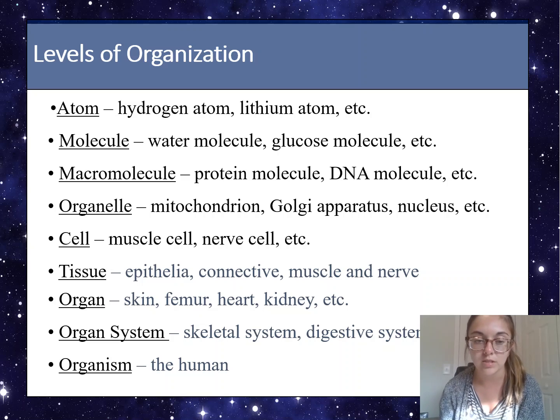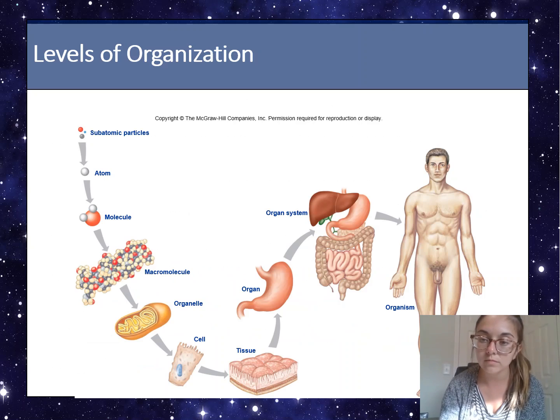There's many different systems. And lastly, to put everything together, we have an organism, such as a human or a cat or a dog. Okay, and now here's that picture that shows you that visually. You can feel free to go ahead and label them. Now, I didn't include subatomic particles because we're not talking about that.